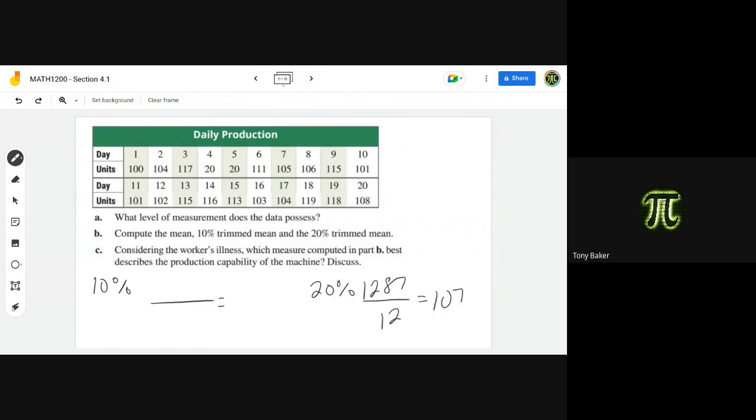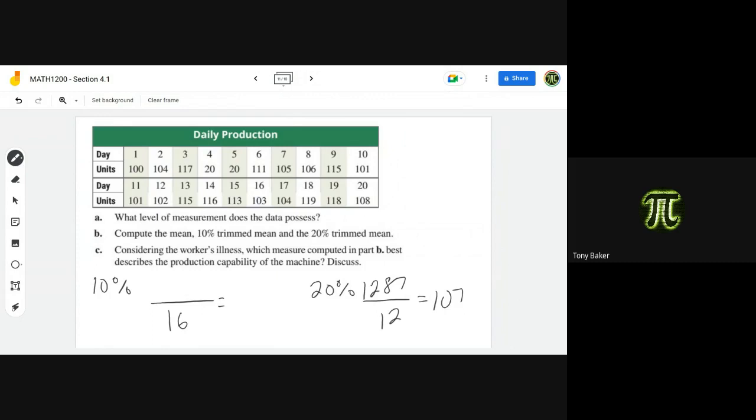Okay. So how many numbers did you cut off? 2 from each end. Okay. So you had 16 total numbers left. No, 10%. There's 20 numbers. Is it 2 for each? Right.